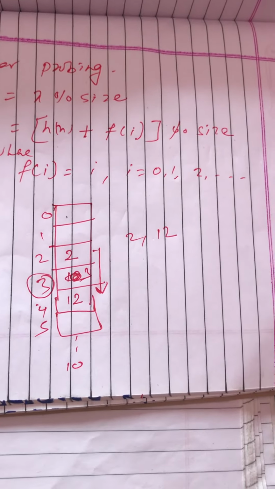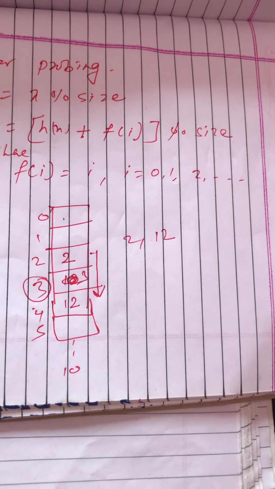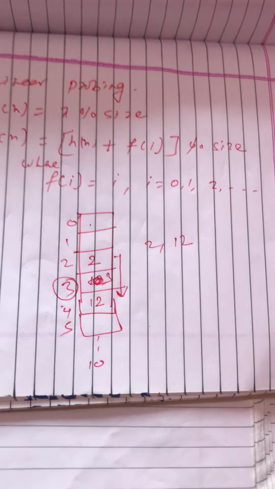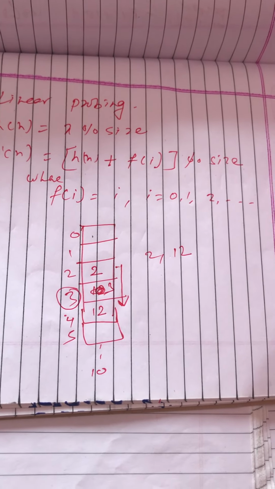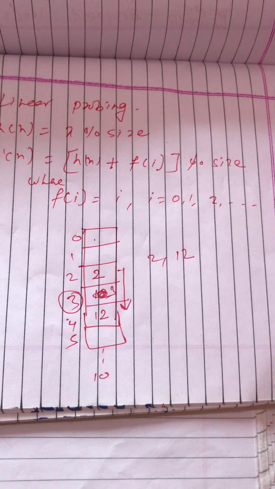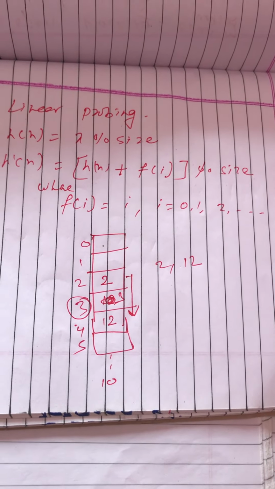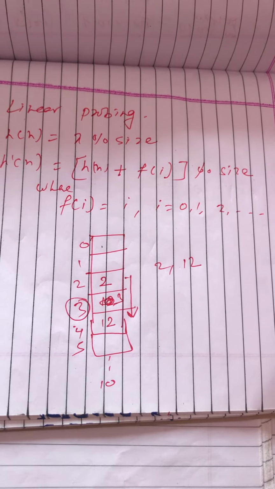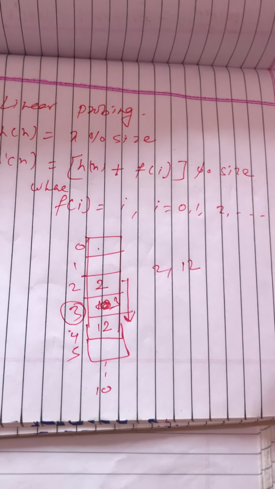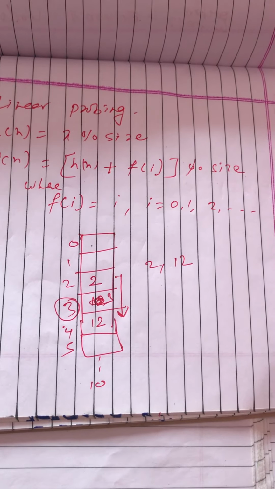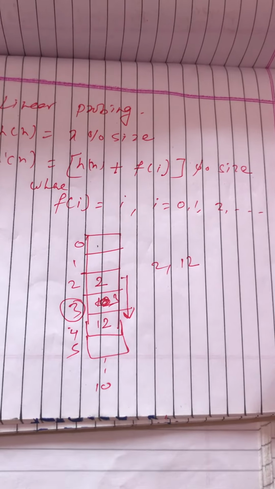Now for searching in closed hashing, we first go to the index corresponding to the key. If it is not found, then we go to the next index until an empty one is found. If an empty index is found, it means there is no such key in the hash table.